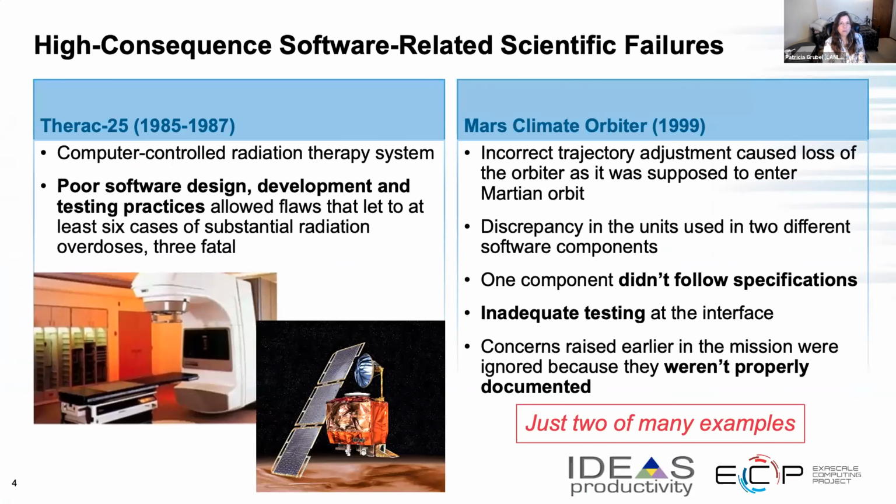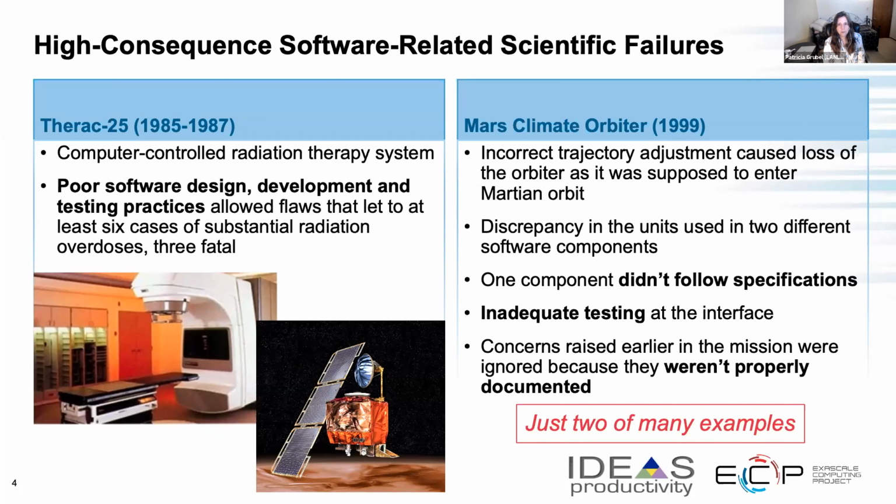Now, here are a couple of examples that show some high consequence failures due to software, scientific software in particular. The Therac 25 was a computer-controlled radiation therapy system, and due to poor software design, development, and testing practices, there were flaws that caused injuries and even fatalities.